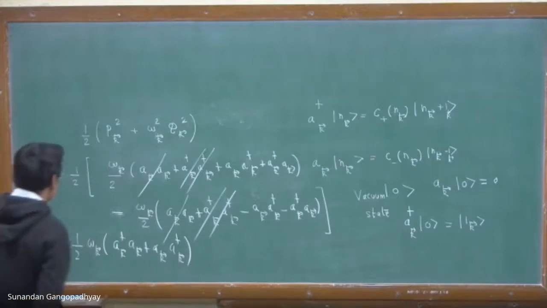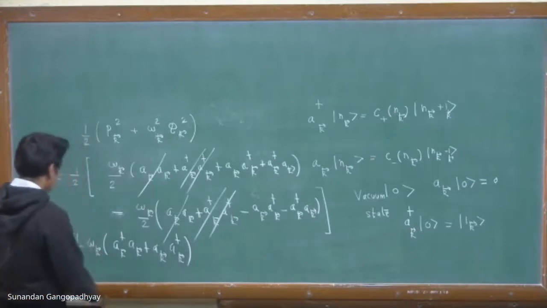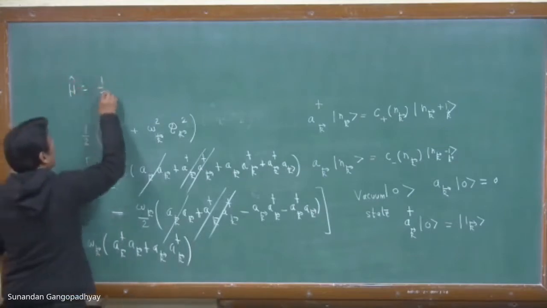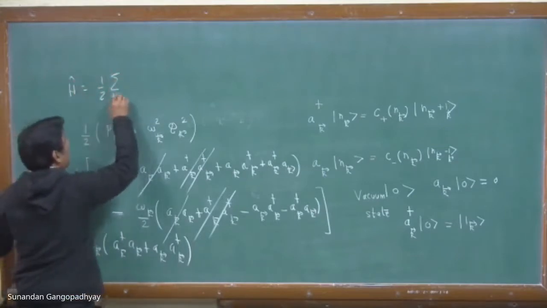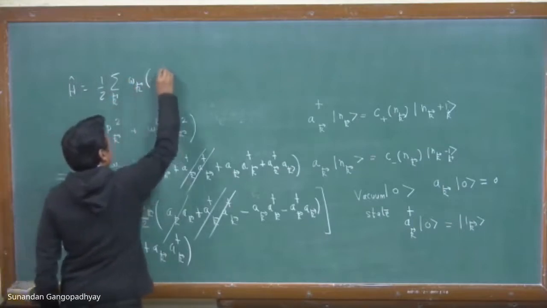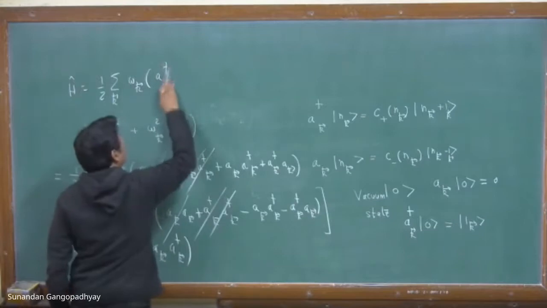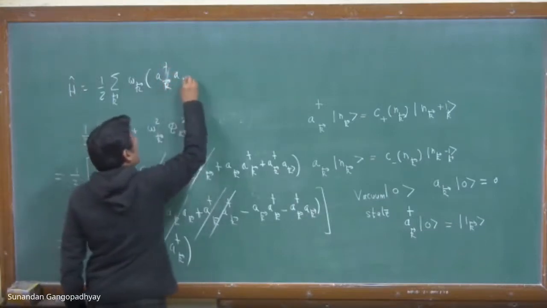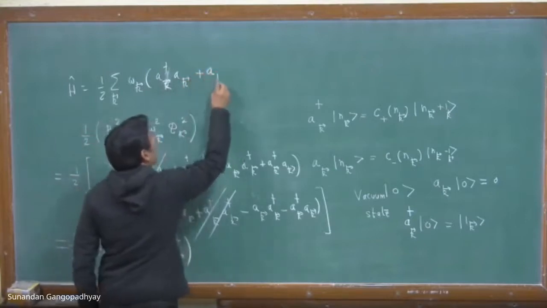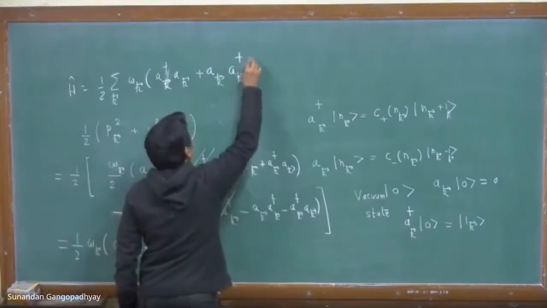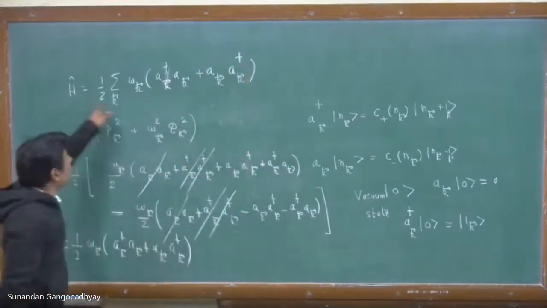And you can see that since the Hamiltonian operator is half of summation over k omega k a dagger k ak plus ak a dagger k, we have already derived this relation.